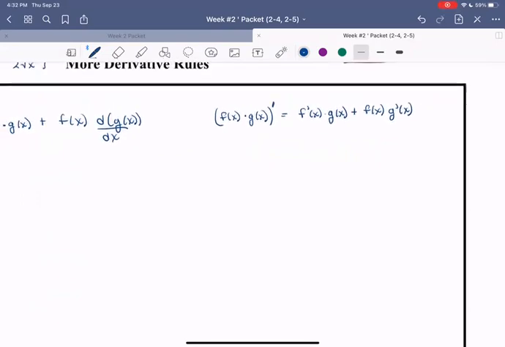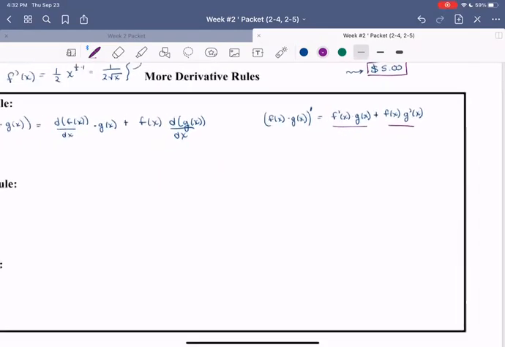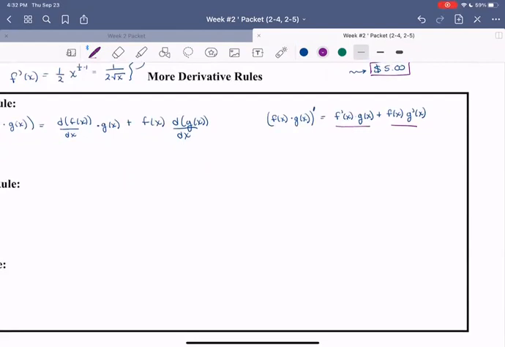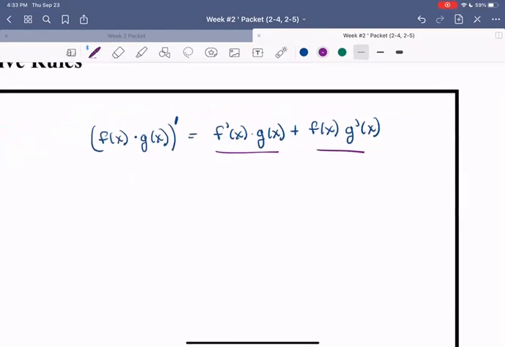Now, one thing I want to state here is that adding up two functions is commutative, meaning I could add up in either order. So I could have written instead the derivative of the second function times the first plus the derivative of the first times the second. So it doesn't matter which order we use here, but when we're computing this derivative of a product, we always have the derivative of each of the terms in our product times the other term.